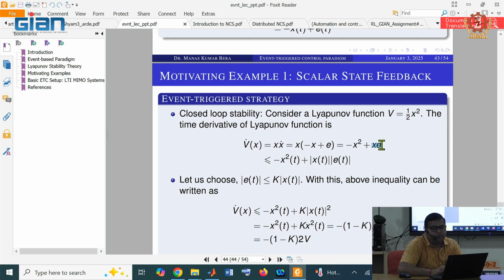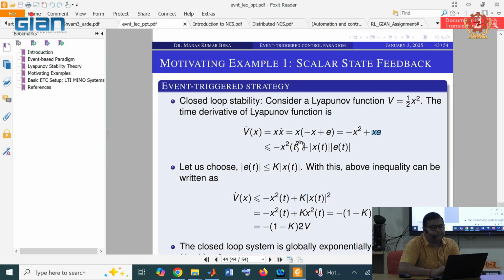Now this can be written with the help of mod, because it is a scalar case, which can be written less than or equal to minus x square plus mod of x(t) times mod of e(t). And now we are saying that mod of e(t) is less than k times mod of x(t). K is a design parameter.